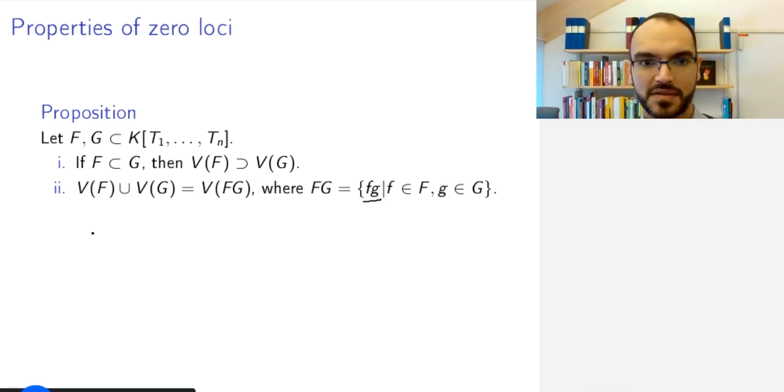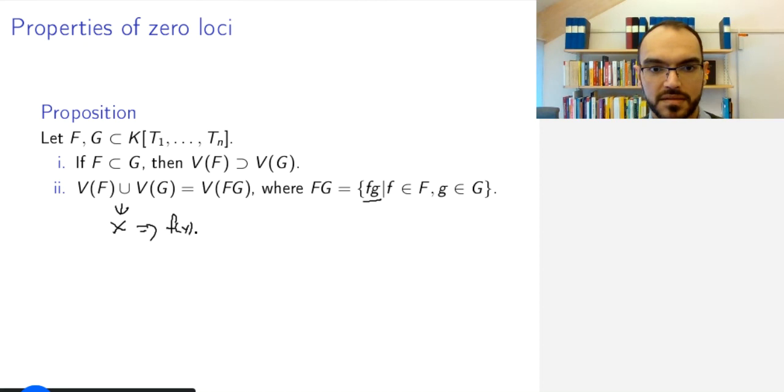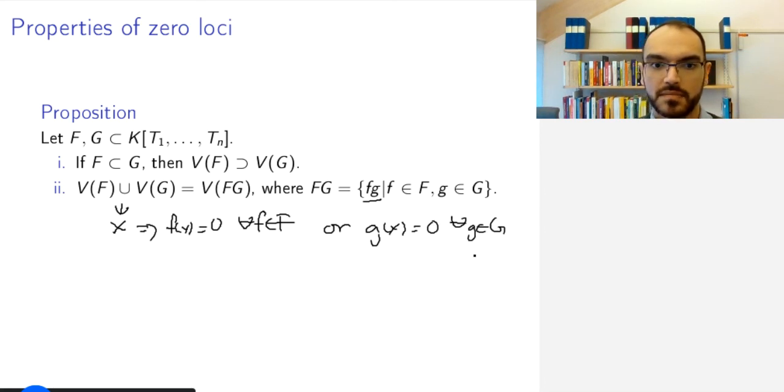So why is this true? If you take x in the union of these two sets, this means that x is either in one or in the other, or in both. So this implies that either f of x equals 0 for all f in f, or g of x is equal to 0 for all g in g.